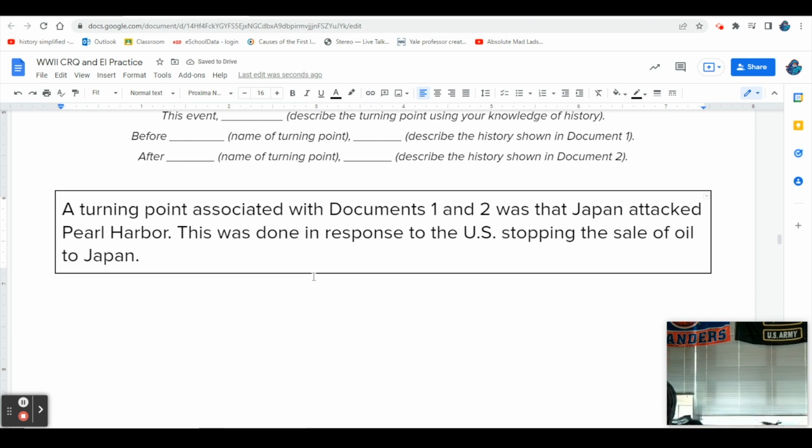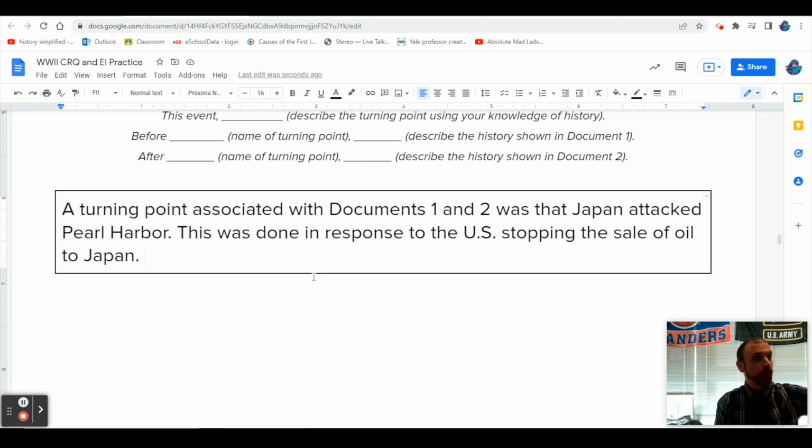All we have to do is explain a little bit of the history both before and after, which is easy because we have it from the documents, right? In document 1, Japan is successful, it's expanding. After the turning point, obviously we're trending towards Japan not being as successful. Japan is losing the war and suffering quite a bit, right? The opposite of its successful run in the 1930s.